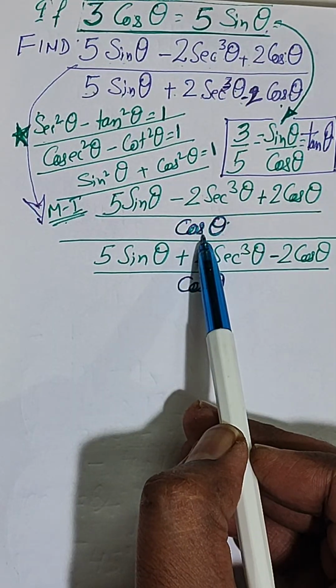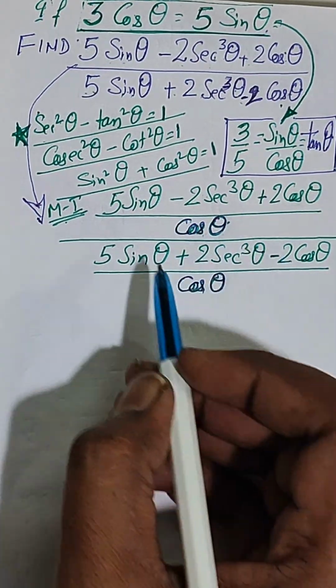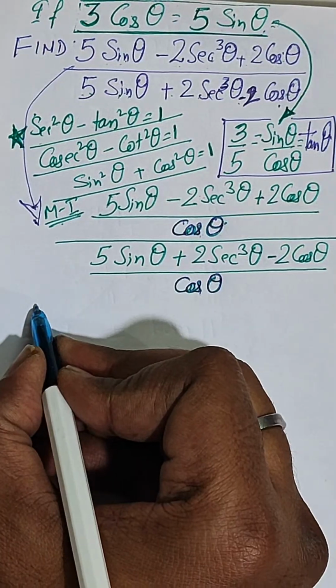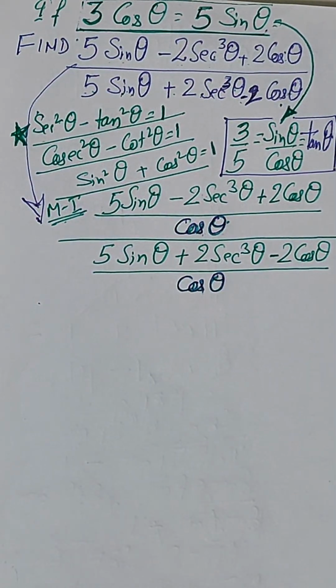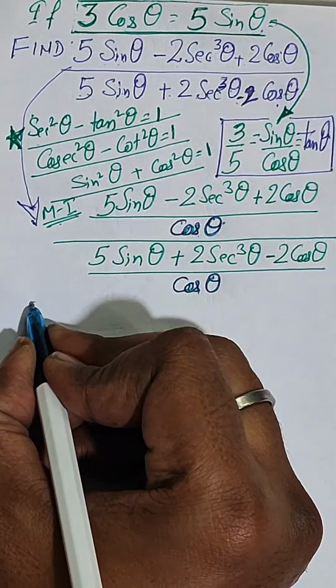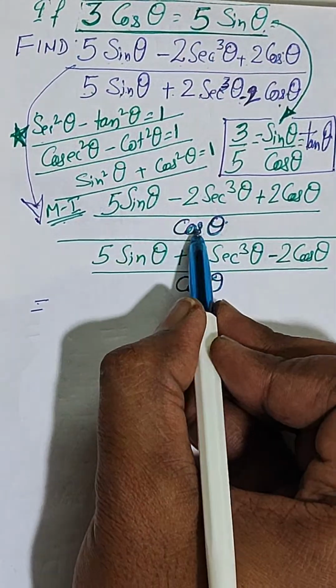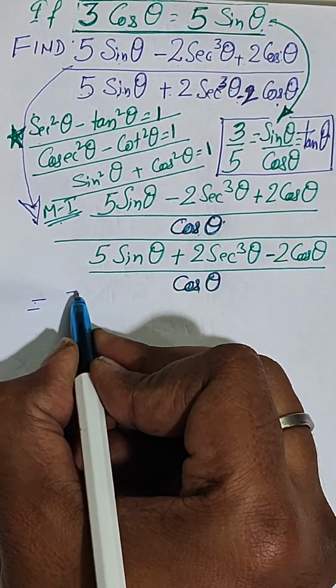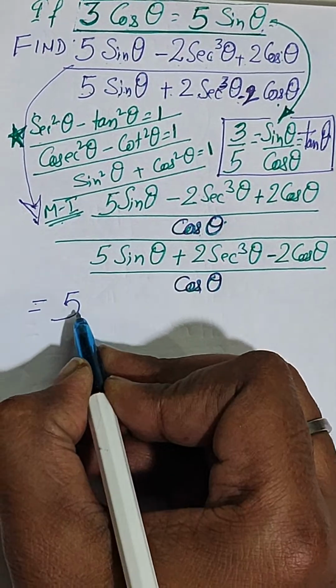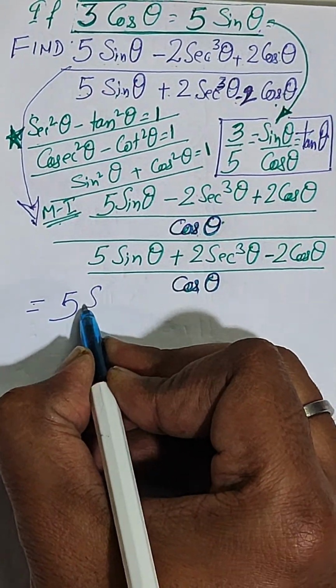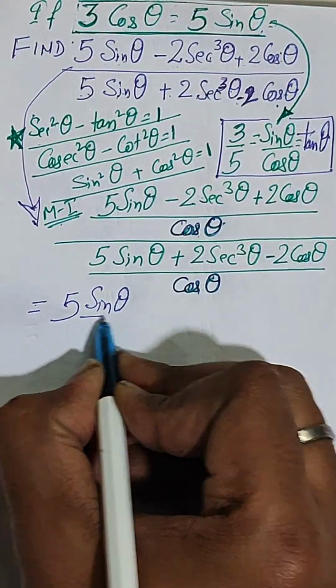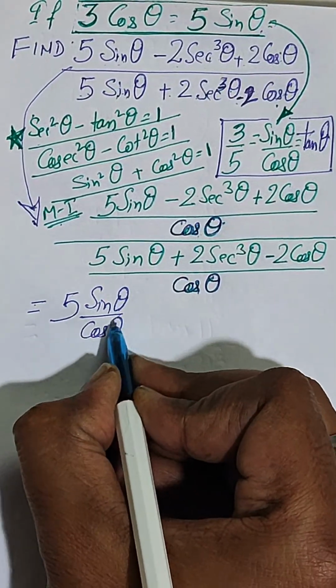When we divide it, then you can see in the next step, sine by cos will be tan. So this will convert into 5 times sine theta by cos theta.